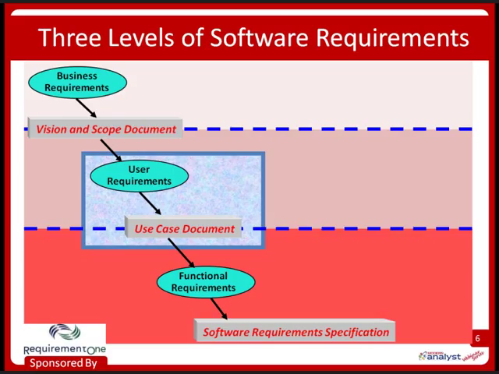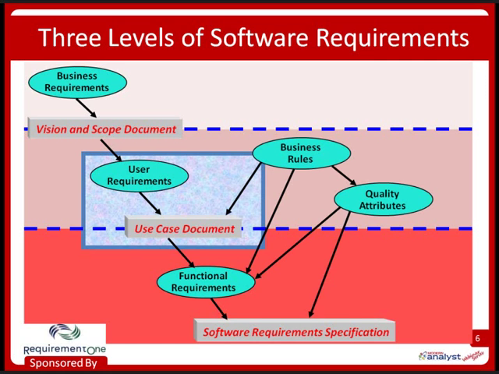Now, of course, there's a lot of other kinds of requirement information, and so this model is not complete. There's an important thing to keep in mind about models also. All models are wrong, but some models are useful, and I think that applies here as well. So some of the other kinds of things we have to deal with in doing requirement solicitation are business rules, policies, and standards, and things like that, which can influence both use cases and functionality.